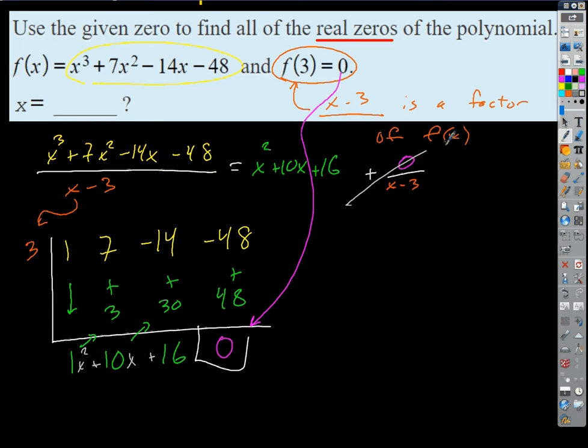If I want to write this as a product, what times what equals the yellow polynomial? X minus 3 times that thing, right? Isn't that what that means? We looked at an example yesterday where we did something like that, where we said 54 divided by 6 equals what? 9, right?